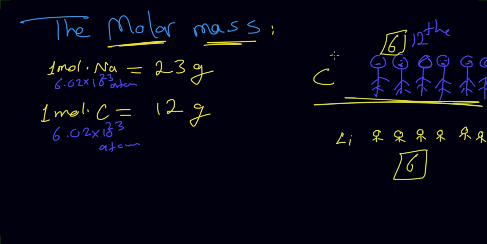For example, here 12 gram, but lithium 3 gram. Their number is the same, but their mass is different. Why? Because each of them is greater than one of them. So the atom of carbon is smaller than the atom of sodium, for example. I hope you got it.